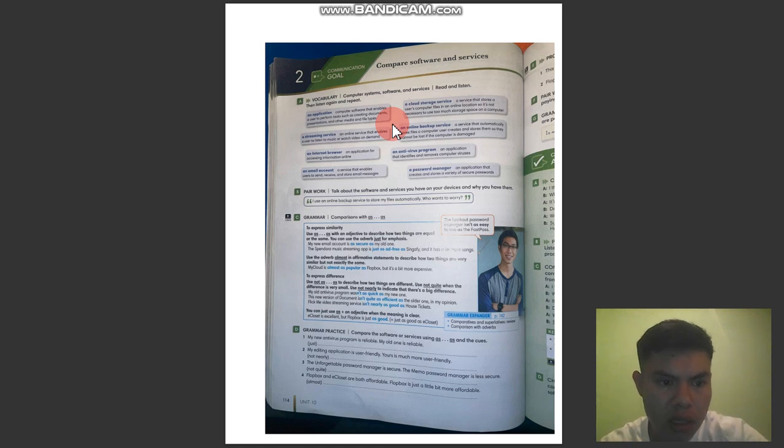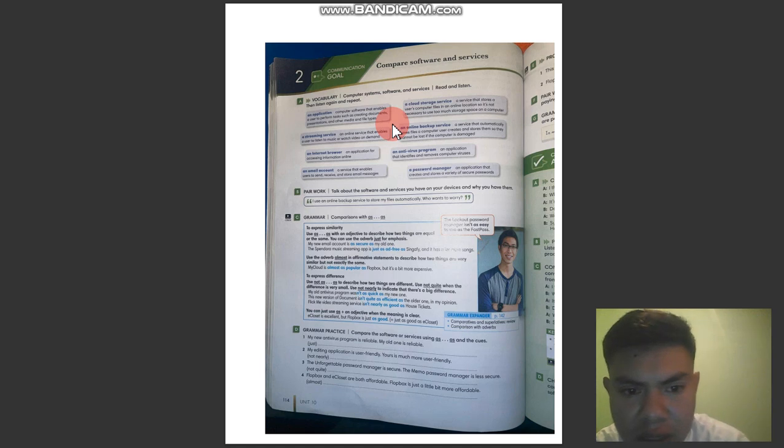Then in exercise C, we see comparisons with as, to express similarity. Use as with an adjective to describe how two things are equal or the same.